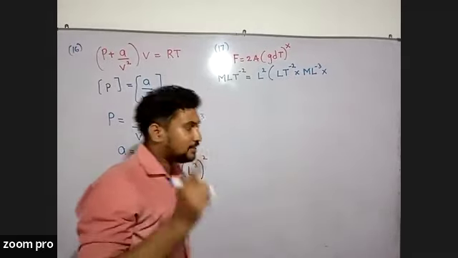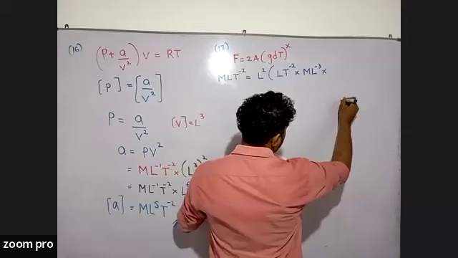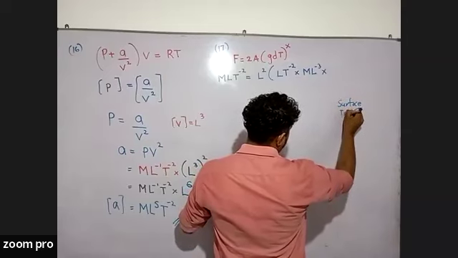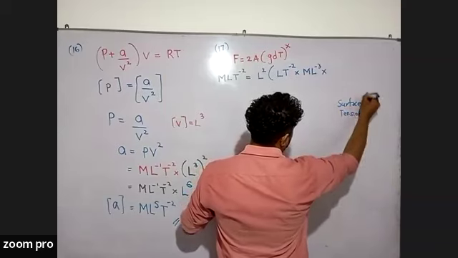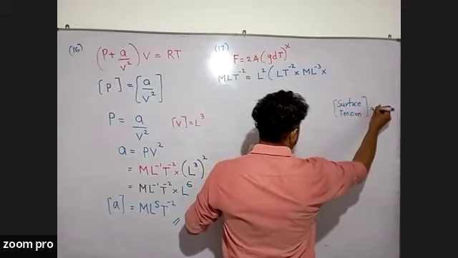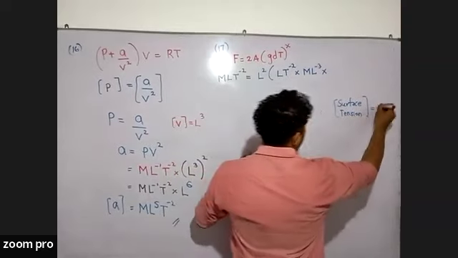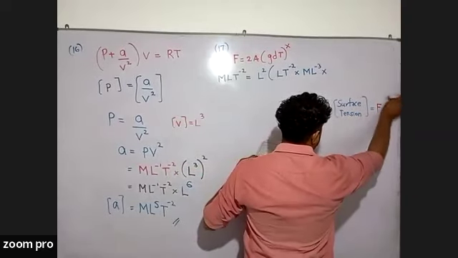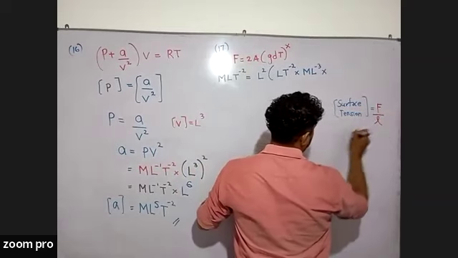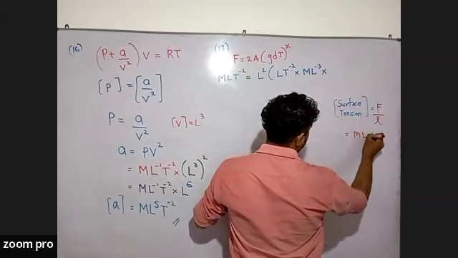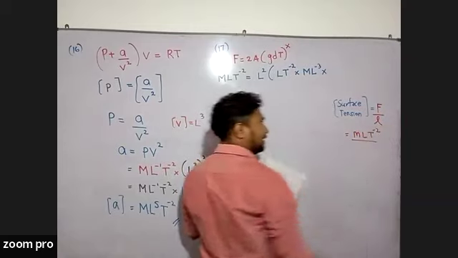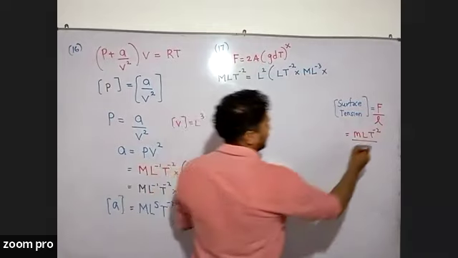Guys, you might remember the dimensions of surface tension. Surface tension can be obtained by using this equation, that is F over L. F means M L T minus 2 over L, where L represents the length.